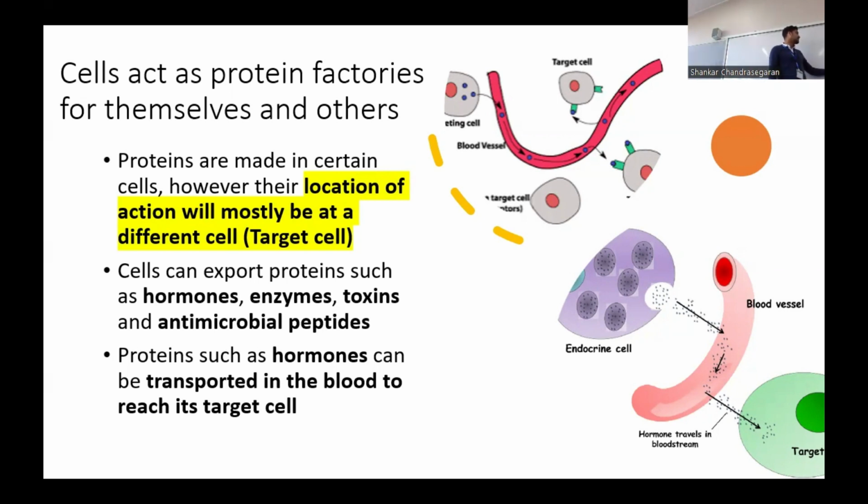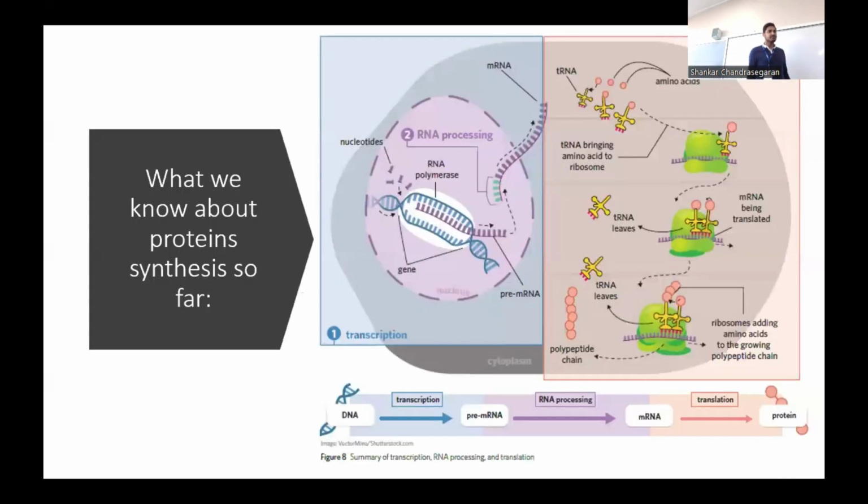So another example is that proteins such as hormones can actually be transported in the bloodstream to get to where they need to go. Not all proteins travel through the bloodstream though, but that's a good example to use if they ever ask you about it. Just remember, proteins made in the cell are not always used in the cell themselves.